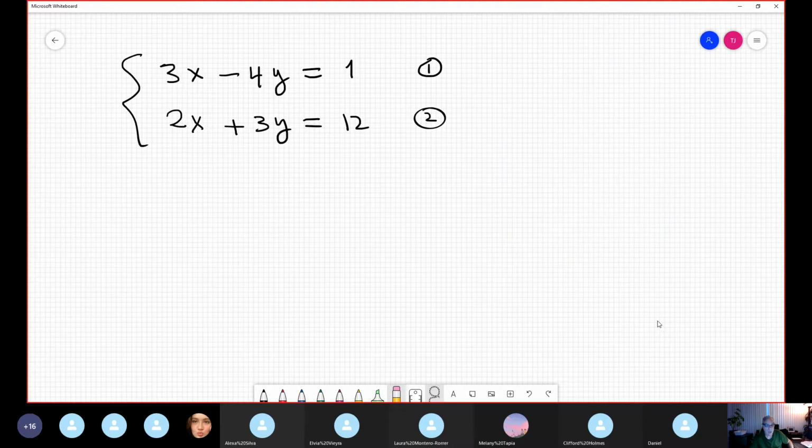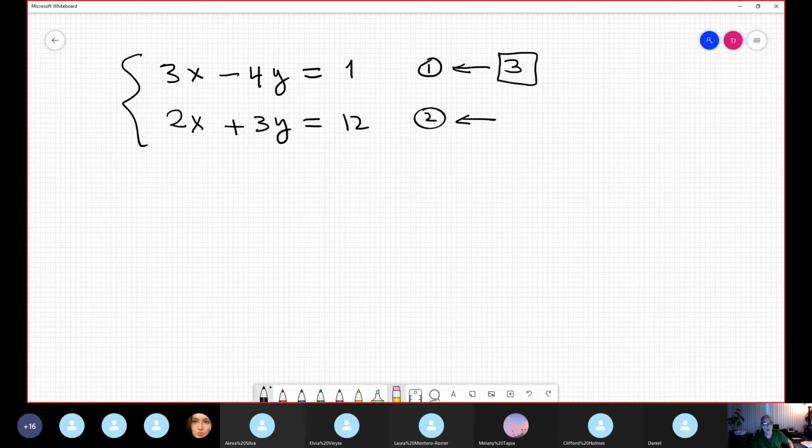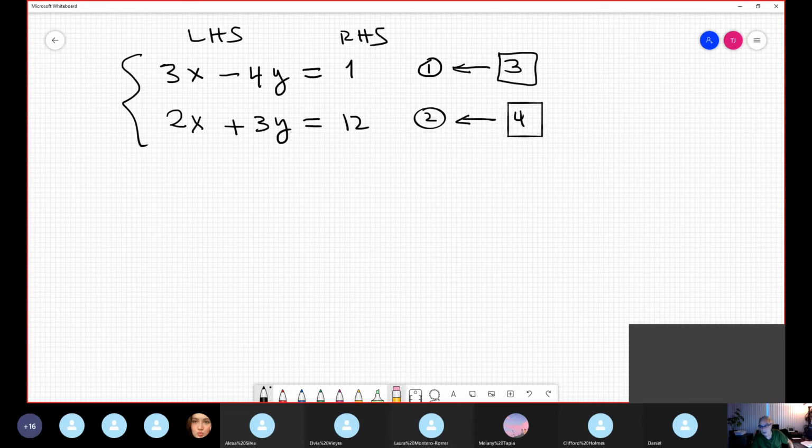Suppose that you multiply the entire equation 1 by 3, a new factor, on the right-hand side and left-hand side, the whole equation. And let's multiply equation 2 by 4, because I take advantage that 4 is negative and 3 is positive.